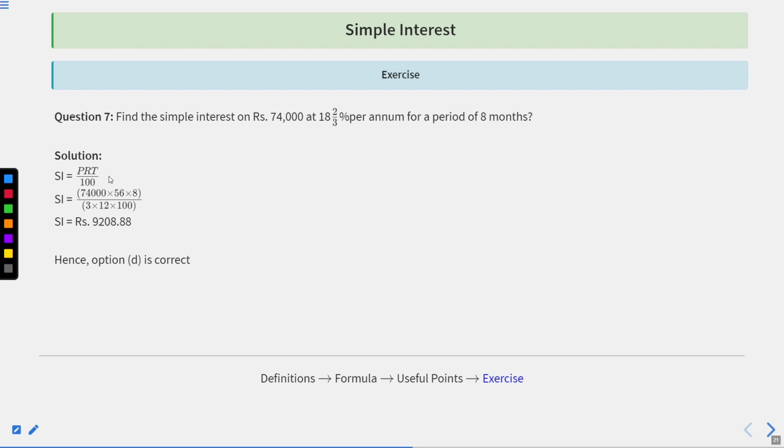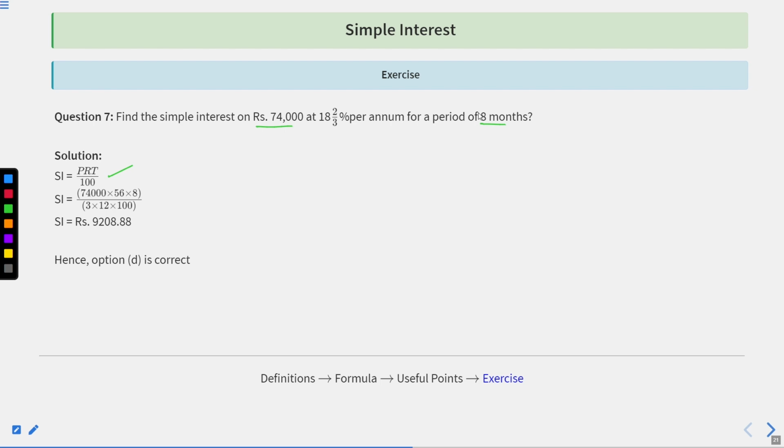It was principal into rate into time upon 100. The principal amount is given to us, 74,000. The rate is given to us, 18 and 2/3 per annum, and it is invested for 8 months. That is also given to us.